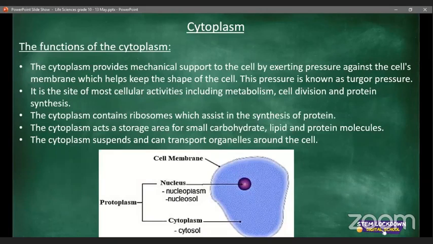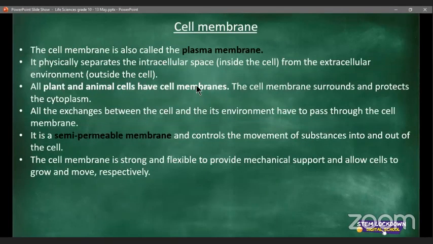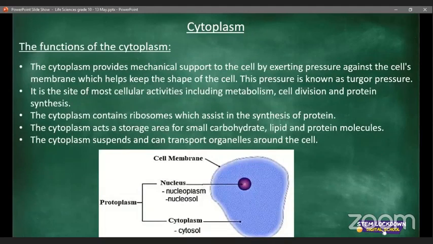Looking at the functions of the cytoplasm, Charles is asking if metabolic reactions can be measured as a rate of time.